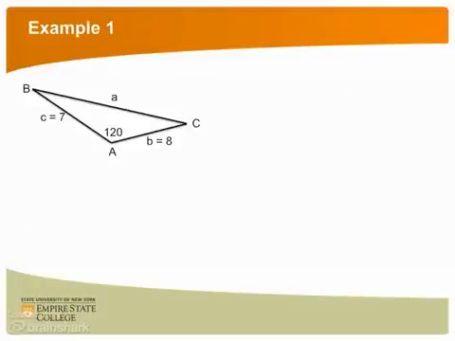Suppose we know that angle A is 120 degrees, length little b is 8, and length little c is 7. We know the lengths of two sides and the measure of the angle in between them, so we have side, angle, side. We want to use the law of cosines to find the length of side little a.